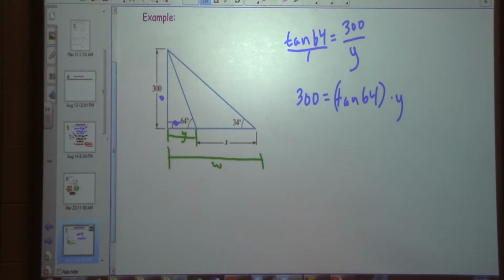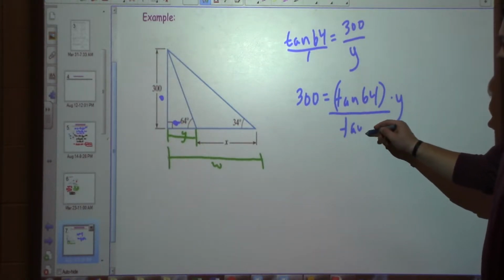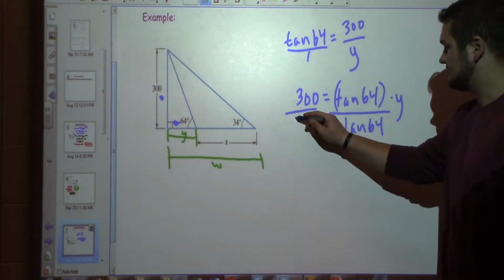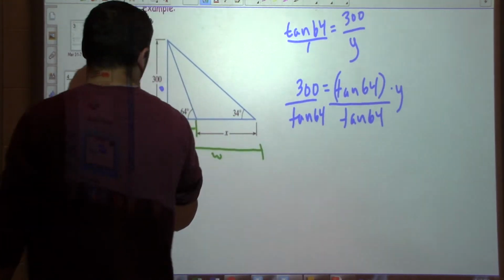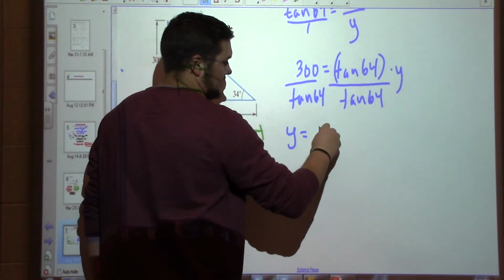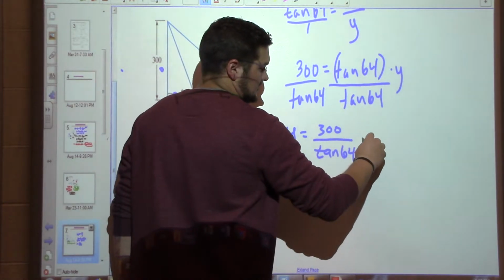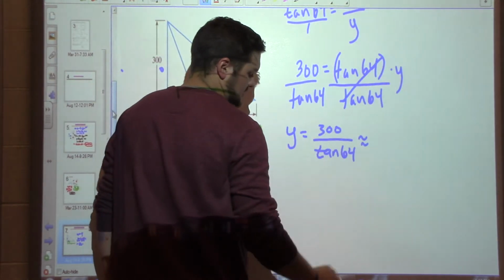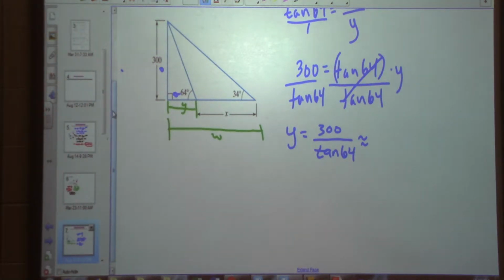How do I solve for y from here, Paige? Divide the tan of 64. Divide the tangent of 64 on both sides, right? Get rid of it. So my y value should equal 300 divided by tangent of 64, which is approximately what?